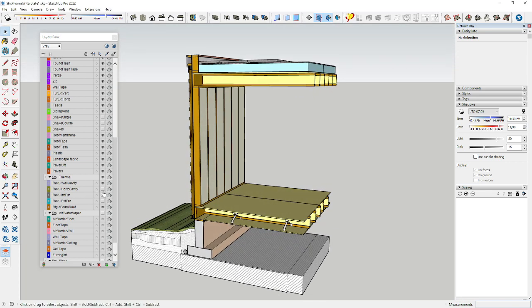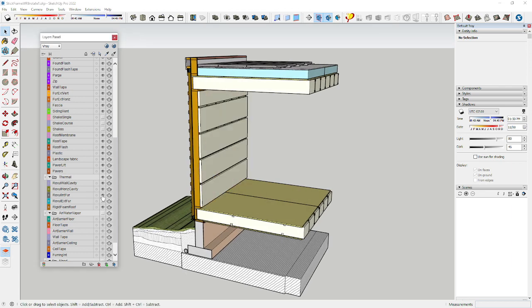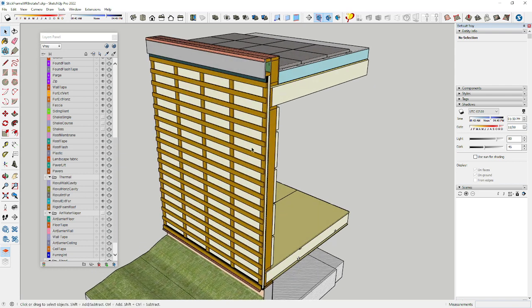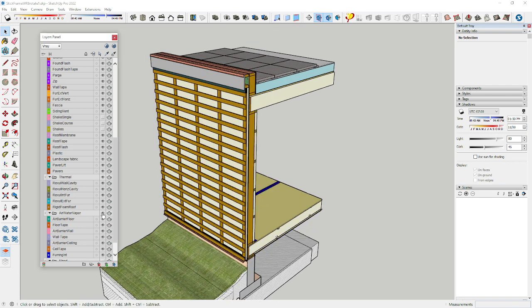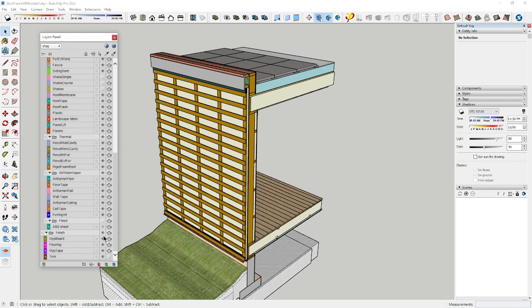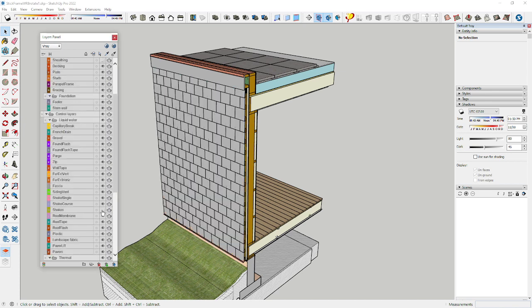I've got insulation, of course, in the floor and the roof. I've got an interior furring insulation, so there are furring strips in there, and exterior insulation in this air gap. And then there's a bunch of air and water vapor layers, and where's my finish? And then some shakes.